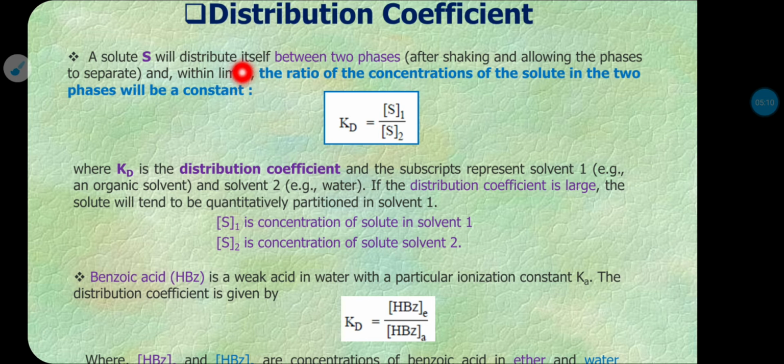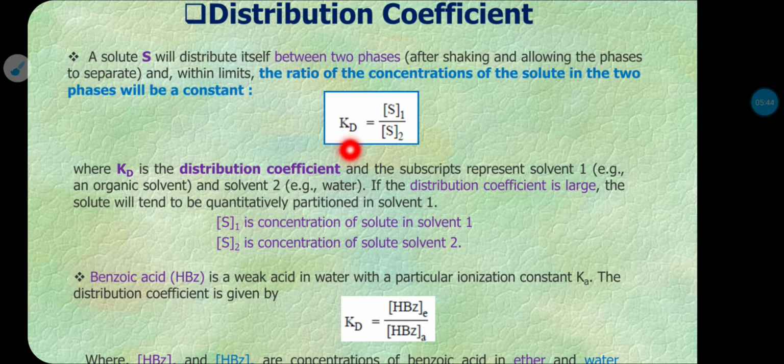Suppose a solute S will distribute itself between two phases after shaking and allowing these two solvent phases to separate. Within this limit the ratio of concentration of solute in the two solvent phases is constant, and this constant is called the distribution coefficient Kd.